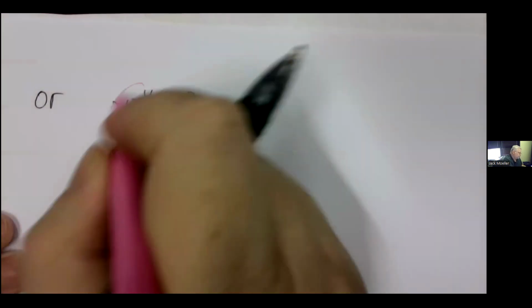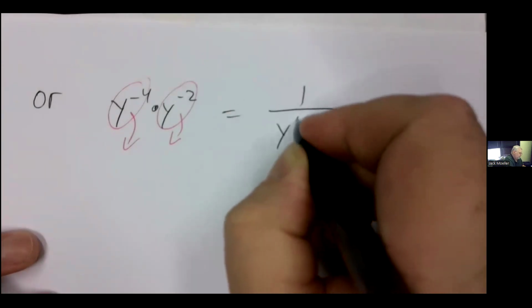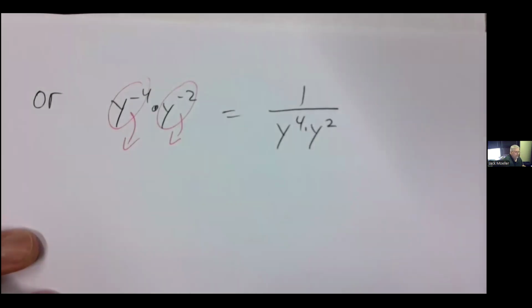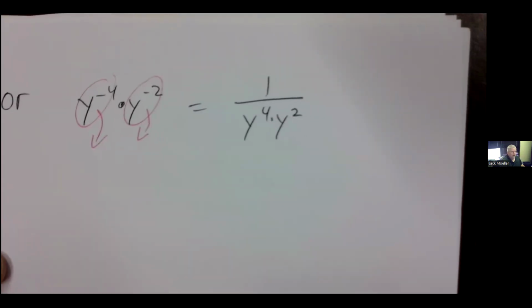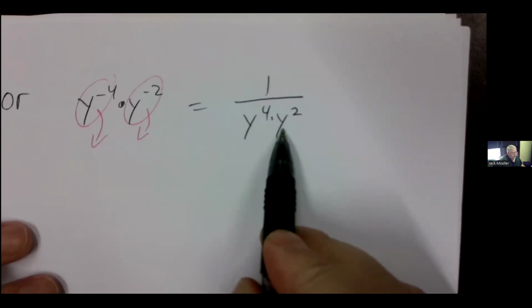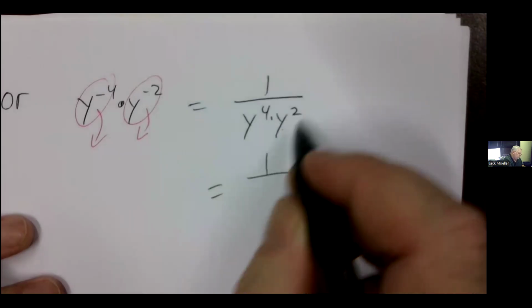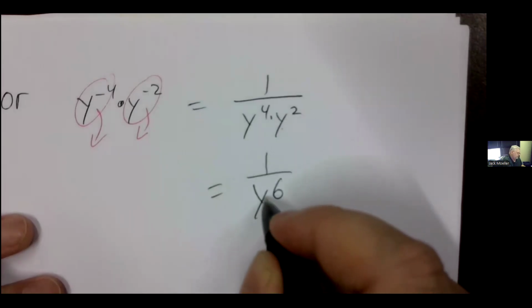We have two terms that have negative exponents, so both of those terms are going to get flipped to the bottom. That becomes 1 over y to the positive 4 times y to the positive 2. Now we use the product rule because we're multiplying variables again. So 1 over, well, 4 plus 2 gives me y to the 6th.